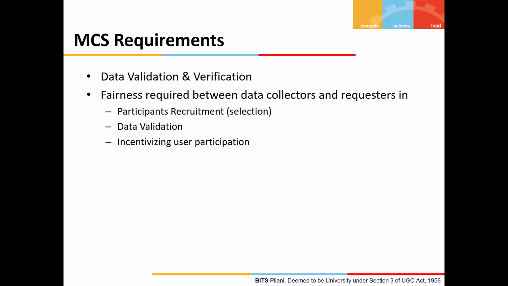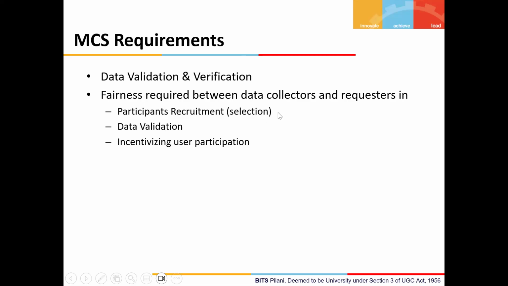Second one is fairness. Fairness is required for data collectors and the requester, right? We have seen that one of the phases of the MCS system is participant recruitment and selection, right?